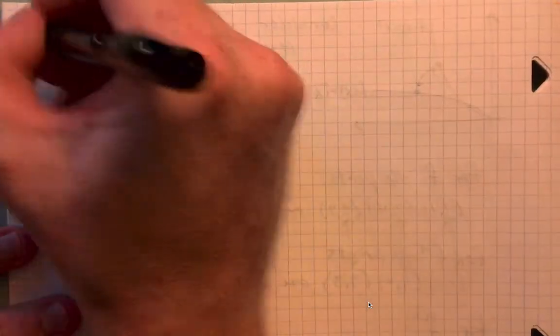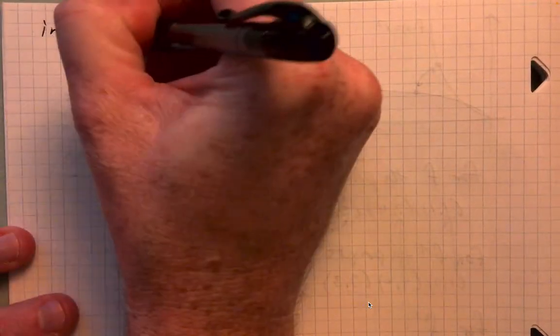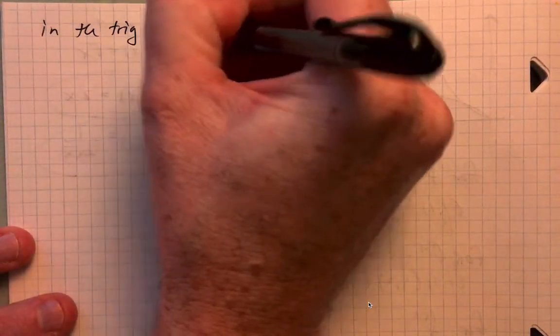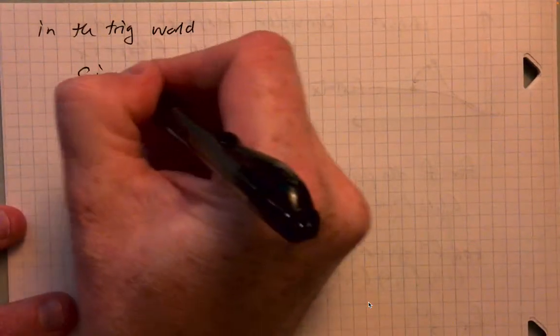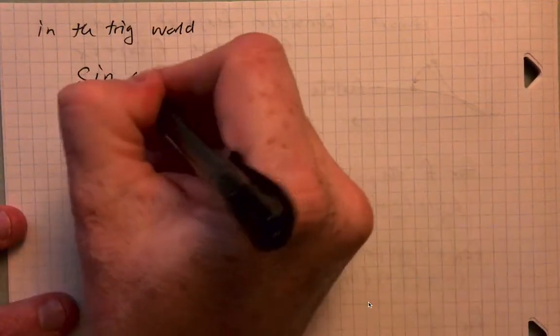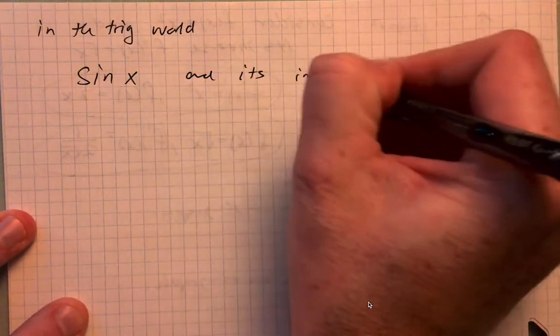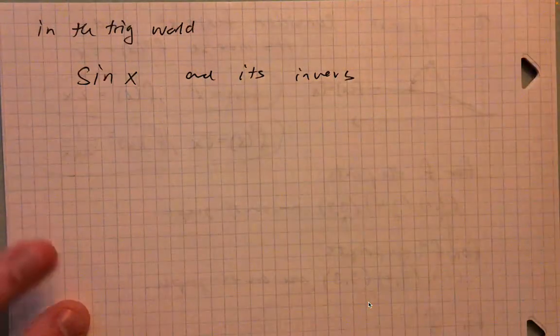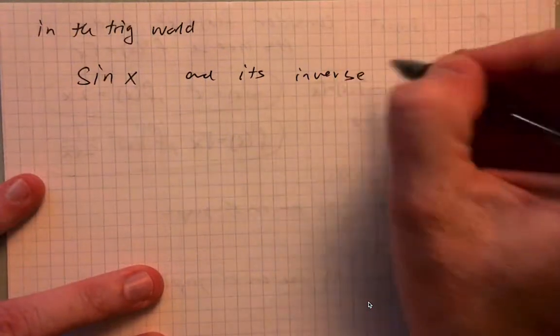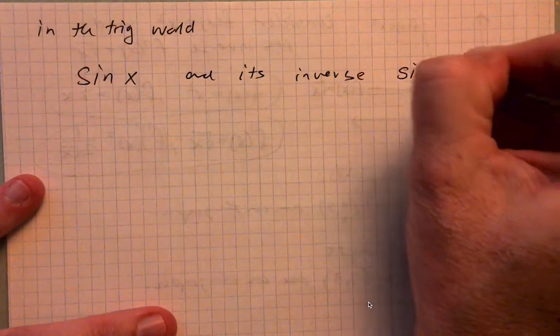Okay, now let's shift gears a little bit and talk about some of the trig inverses. So in the trig world, right, we've got sine of x, and its inverse, arcsine, right? So there are different ways to denote it. Frequently, it's denoted like this.